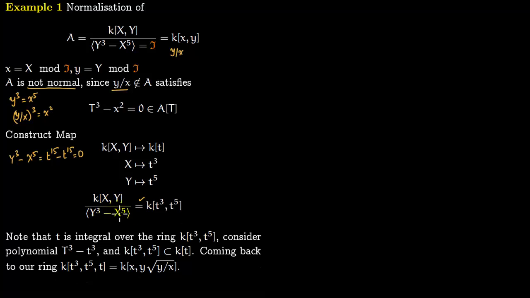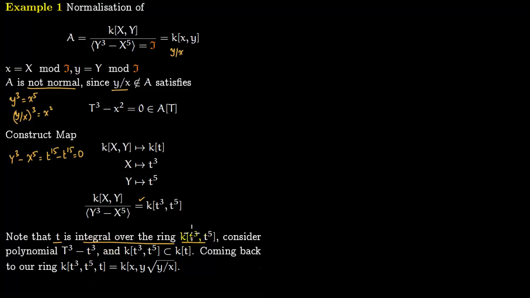So k[X,Y] modulo this gives you k[t cube, t^5]. Instead of x we write t cube, and instead of y we write t^5, because Y cube minus X^5 becomes 0 in this ring because of our mapping. First notice that t is integral over this ring, because we always have the polynomial capital T cube minus small t cube.